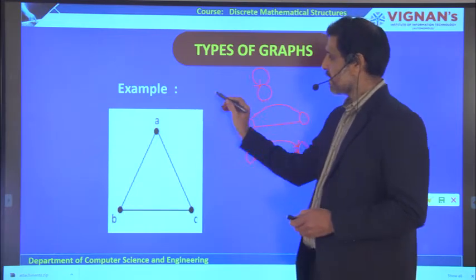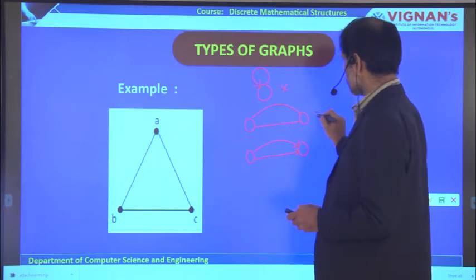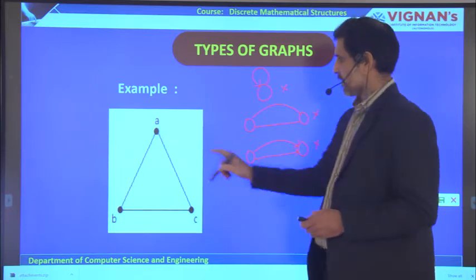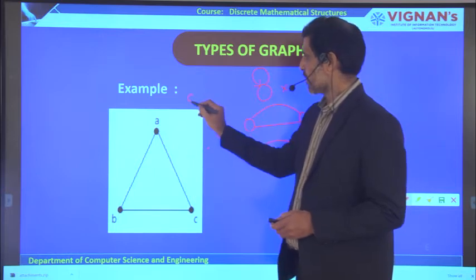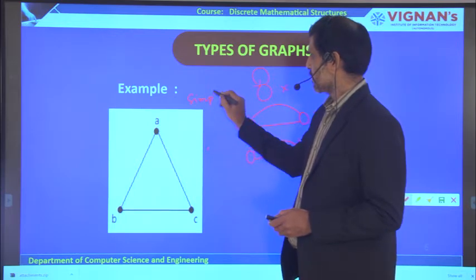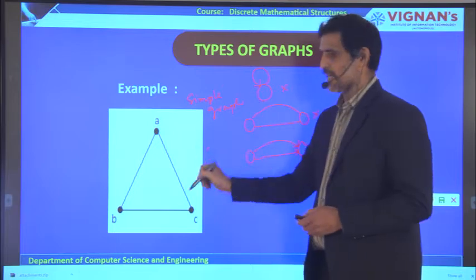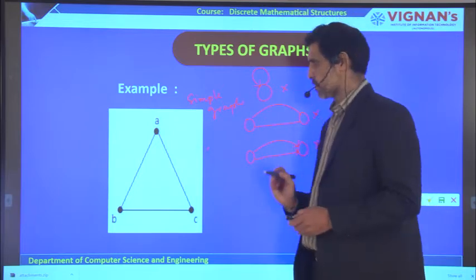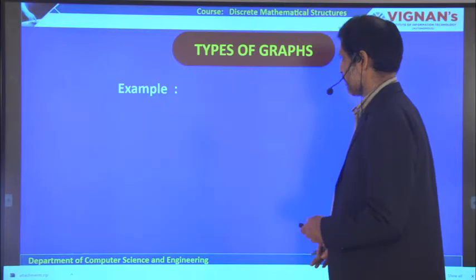Any graph which does not contain these, we can call a simple graph. It does not contain any multiple edges and loops.